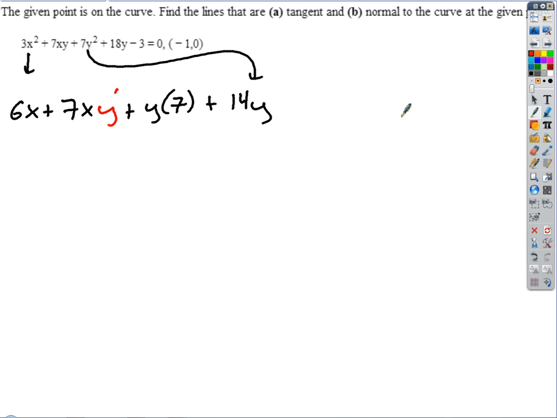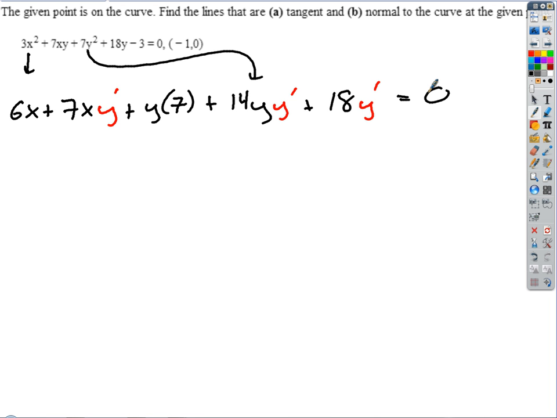Everybody see that? That actually is a chain rule deal. Derivative of something squared is 2 times something, but then the derivative of the something, in this case, is a y prime. Plus 18y prime, equals 0. Okay, so there's our answer.